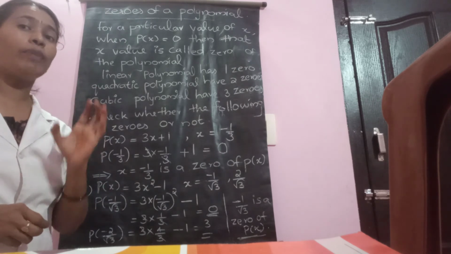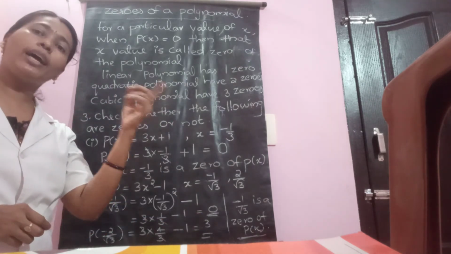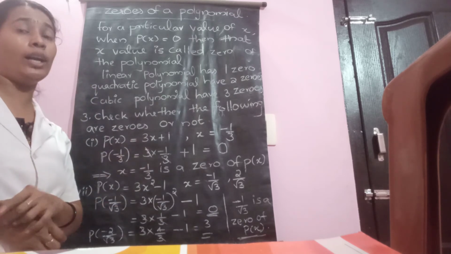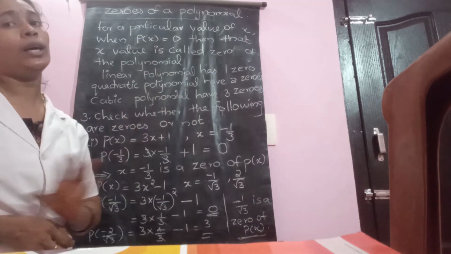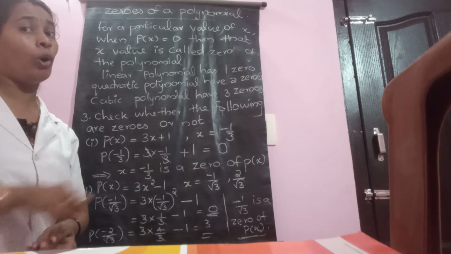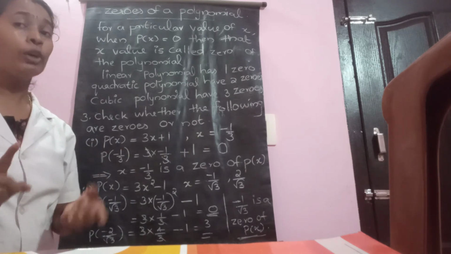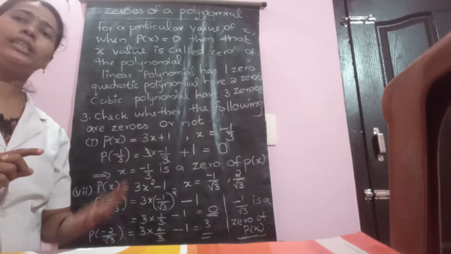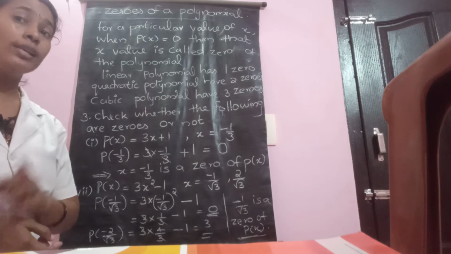For what value of x we are getting 0, those x values are called zeros of the polynomial.